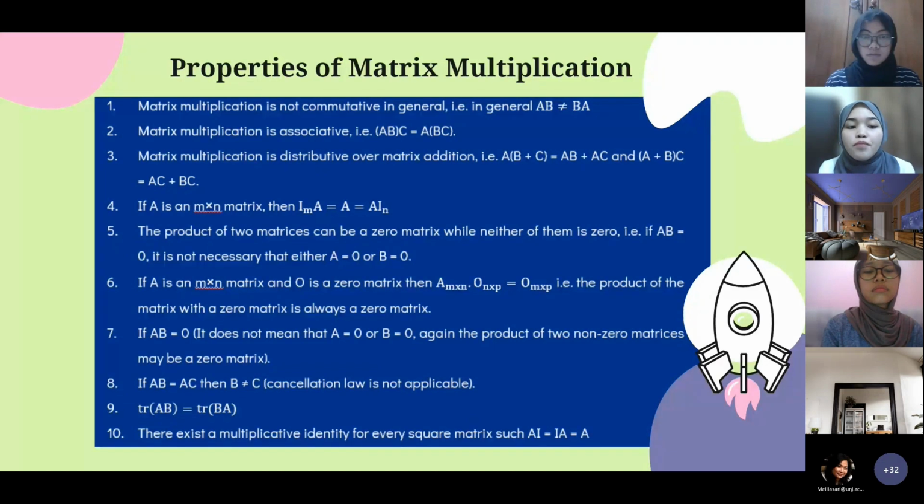Nine, trace AB is equal to trace BA. And the last is there exists a multiplicative identity for every square matrix such that AI is equal to IA is equal to A.